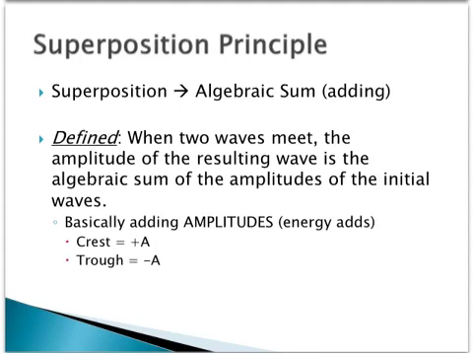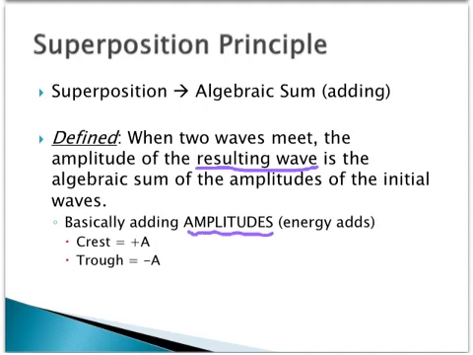So when two waves meet, the amplitude of the resulting wave, the wave formed by the two waves, is the algebraic sum of the amplitudes of the initial waves. The amplitudes of both waves will add up to form a larger wave, or they'll add together to form a smaller wave. So we're basically adding amplitudes here.